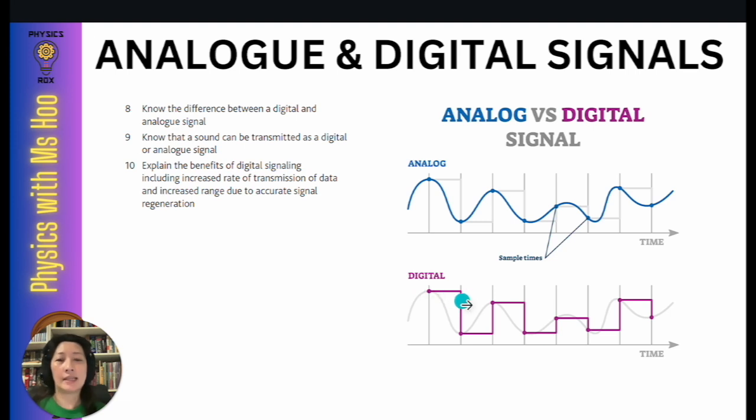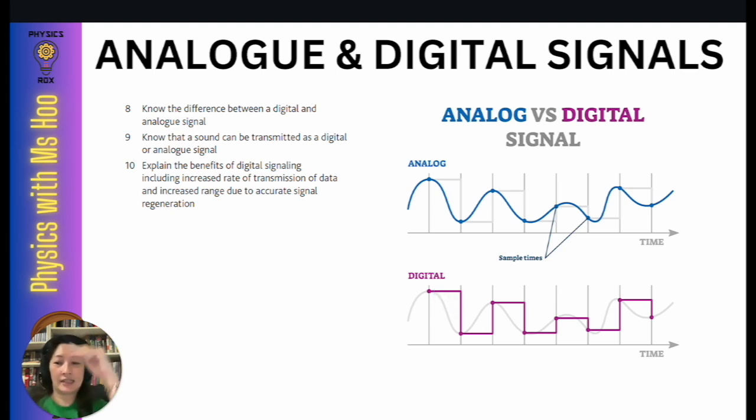So in this case, this means that if, let's say, we need to increase the amplitude of the waves, the problem with analog signals is that if you were to increase the amplitude, if any noise or interference was picked up, that noise and interference would also be amplified. In the case of digital, if it picks up any noise or interference, it's easier to filter out because the digital is just up, down, up, down.